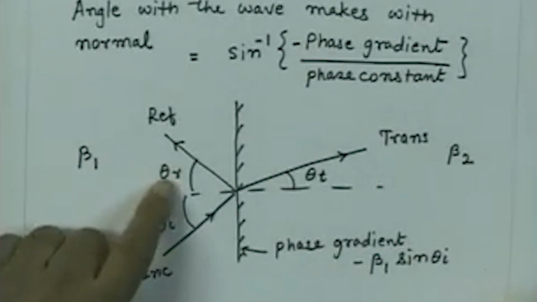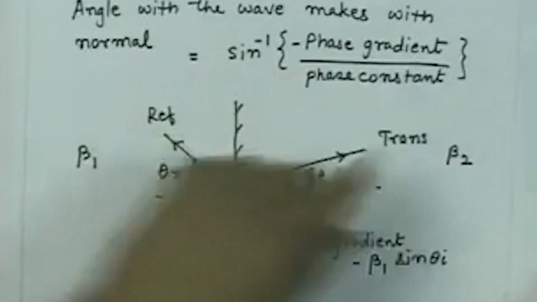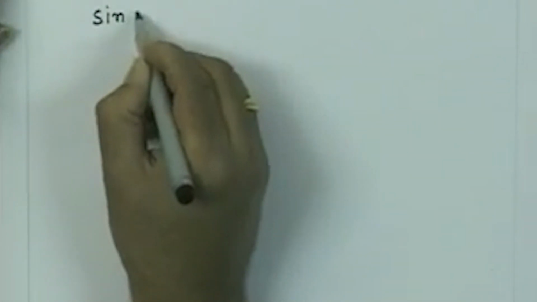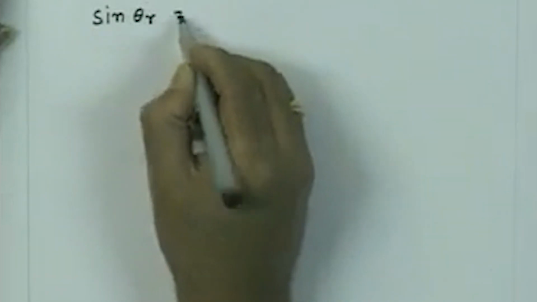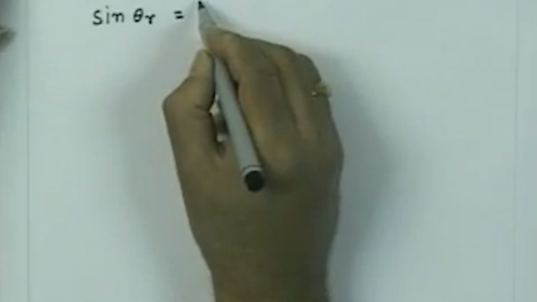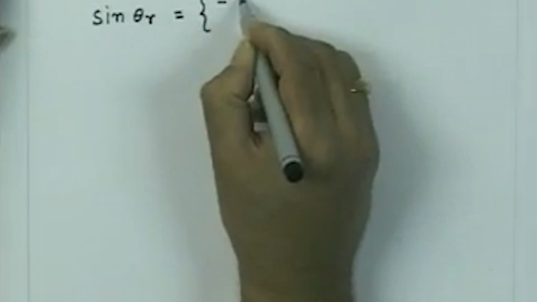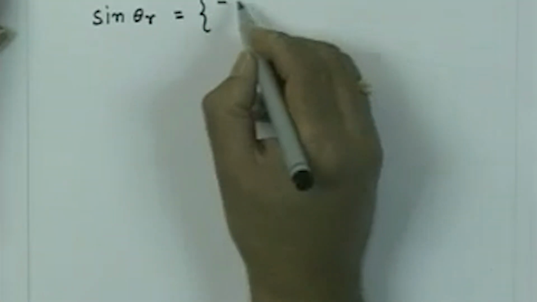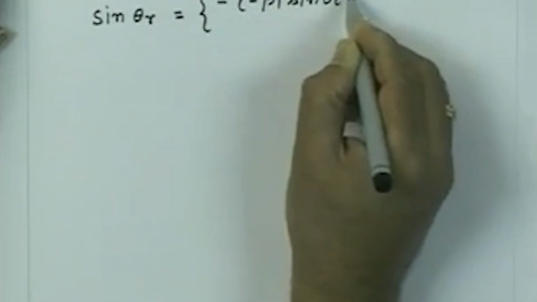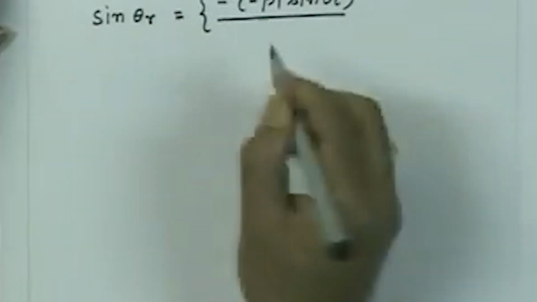So sine of theta r should be minus of phase gradient divided by the phase constant. So from here I get sine of theta r, that is equal to minus times the phase gradient, which is minus beta 1 sine theta I, divided by the phase constant in the medium, which is medium 1, which is beta 1.